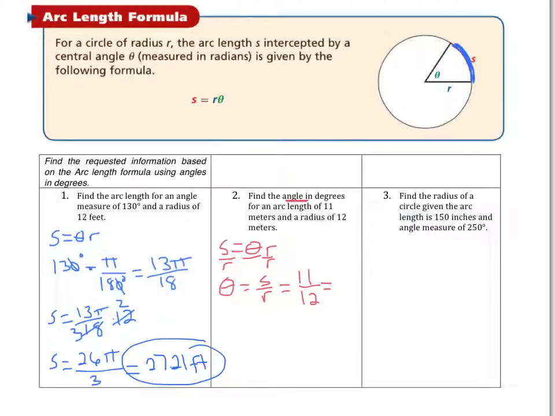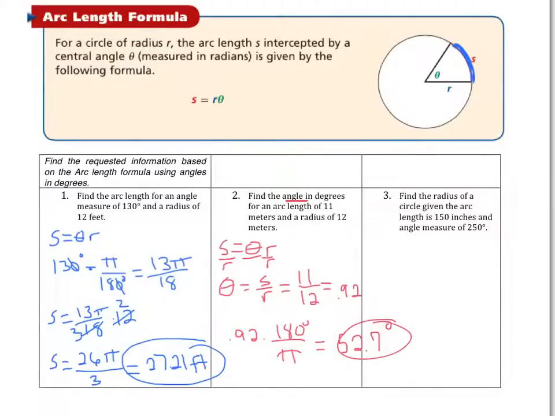So if I take 11 divided by 12, my theta is 0.92. But I know that that's in radians, so I want 0.92 times, and that is radians on the bottom and degrees on the top. So I have to convert that. So go ahead and do the conversion. So we get 52.7 degrees. Go ahead and try number 3 for homework.